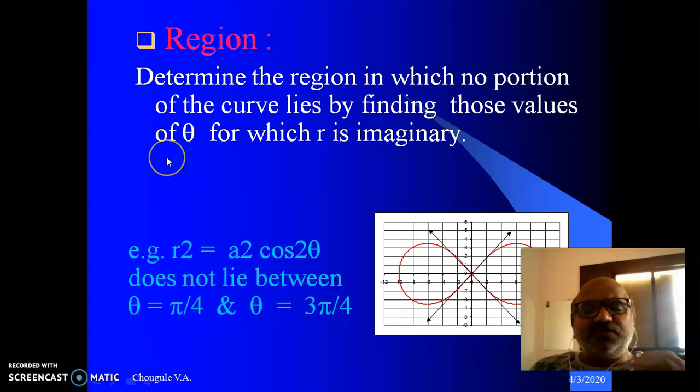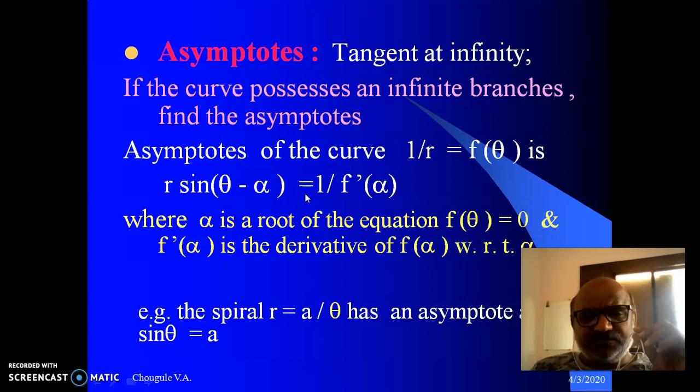Find those values of theta where r square becomes negative. If theta is greater than pi by 4, cos 2 theta is negative. For theta equal to pi by 4, 2 theta is pi by 2, cos pi by 2 is 0, and after that it becomes negative, and therefore in this part the curve doesn't lie.